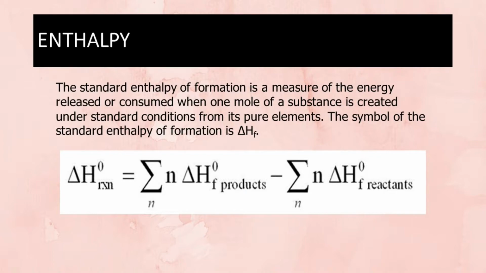These are measured on a relative scale, and for elements, the enthalpy of formation is equal to 0. The standard enthalpy of formation is the enthalpy change when 1 mole of the compound is formed from the elements in the stable phase at 25 Celsius and 1 atmosphere.